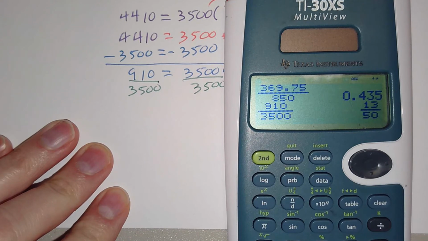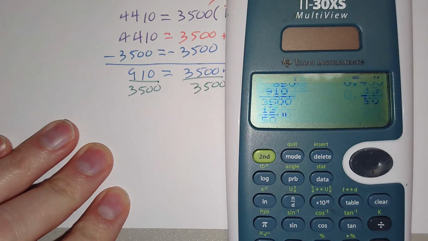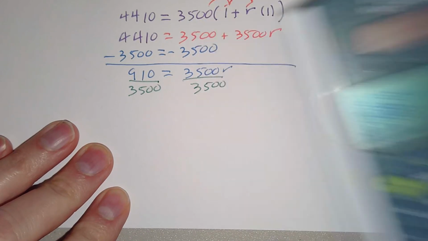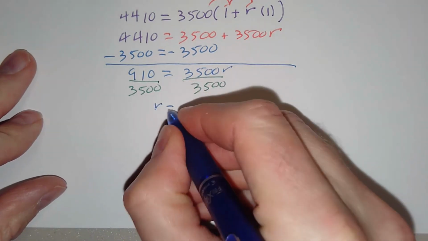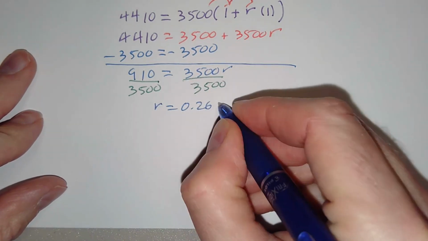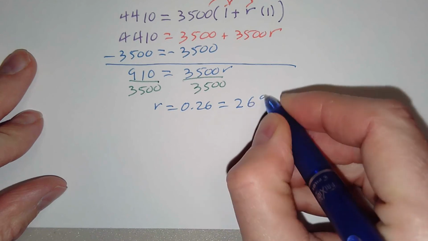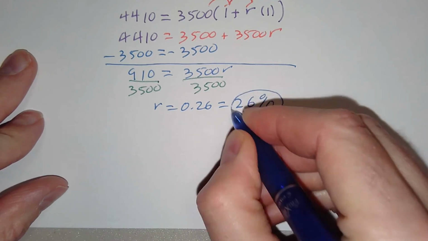Again, if it gives it to you as a fraction, just hit your double arrow key next to the 3 key. So that'd be 0.26, which is 26%.